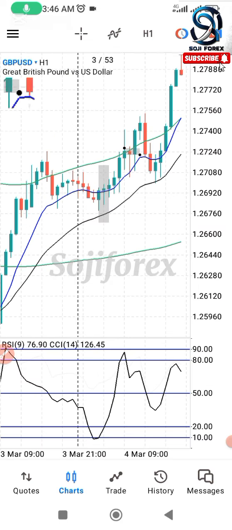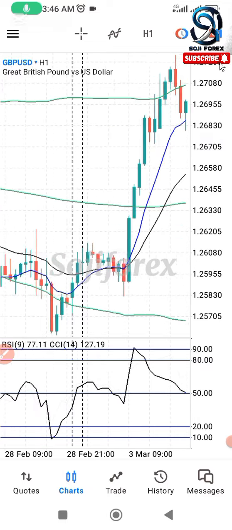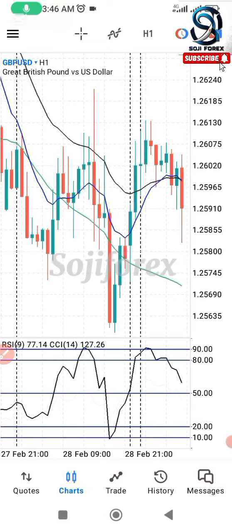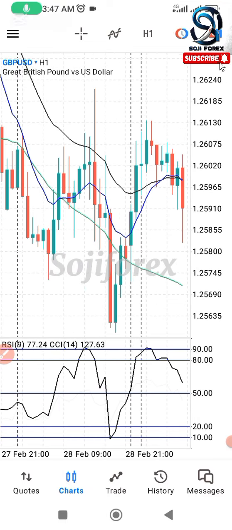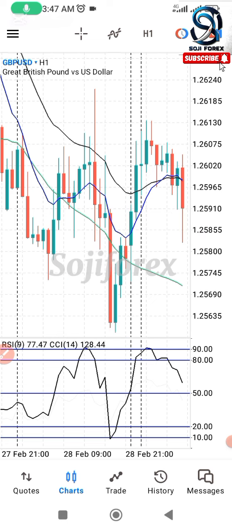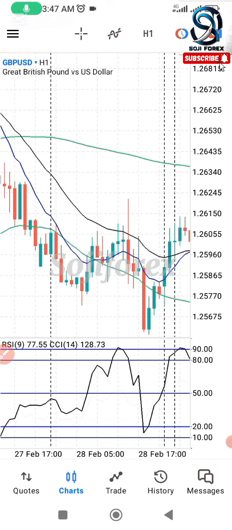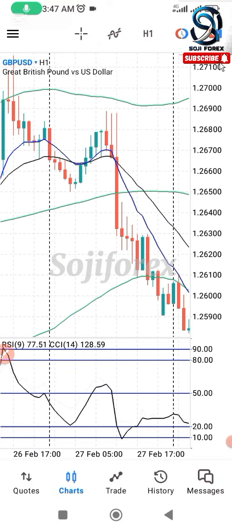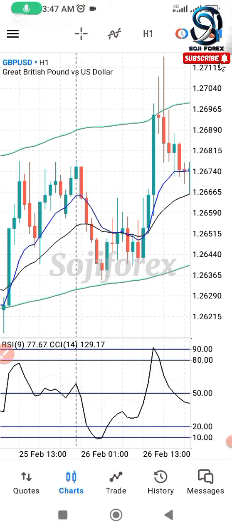So you can always take advantage of this. Only a few, you can see that 80% of it plays out. 80% of this will always play out in your favor, provided it is in the direction of the trend.